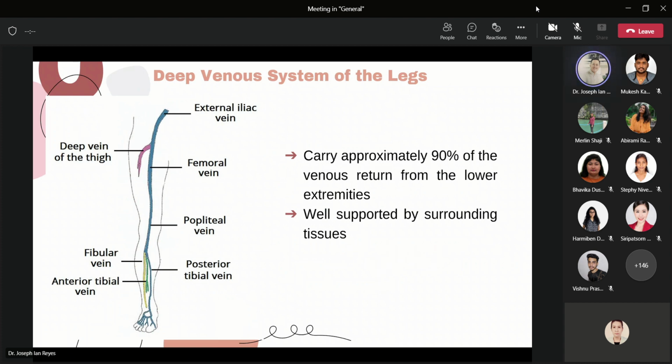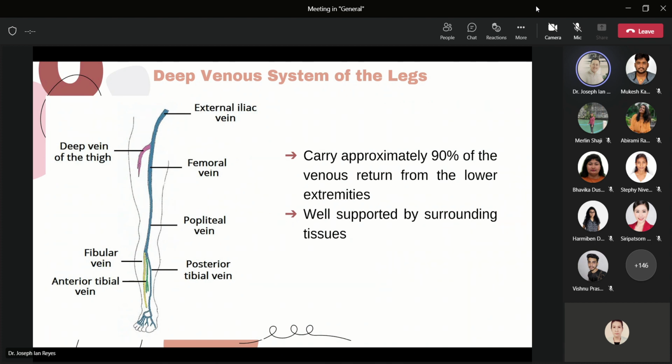Okay, so your deep venous system of the leg carries approximately 90% of the venous return from the lower extremities and is well supported by your surrounding tissues. So you have your external iliac vein, your femoral, your deep veins of the thigh, popliteal vein, posterior tibial, fibular, and anterior tibial.